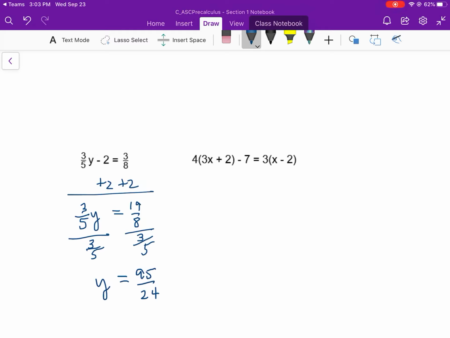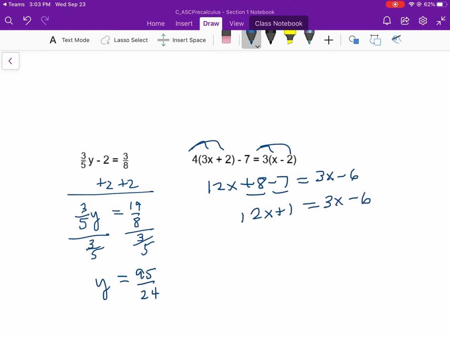All right, this one I would distribute my 4, so 4 times 3x is 12x. 4 times 2 is 8, and then bring down that minus 7 equals distribute my 3, so I get 3x minus 6. I might combine these two like terms before I do anything else. So 12x plus 1 equals 3x minus 6.